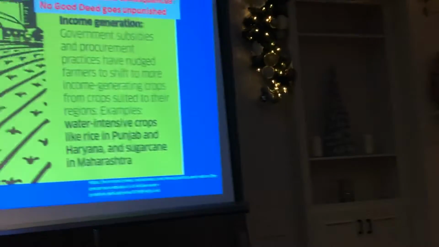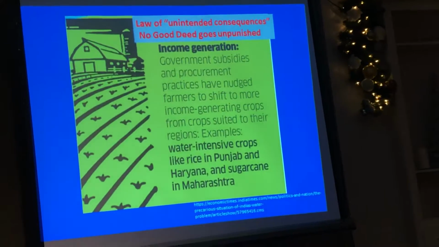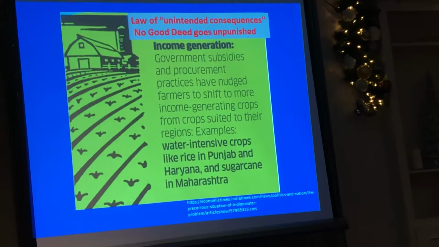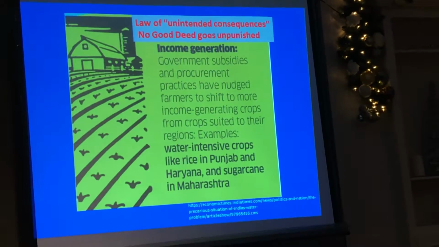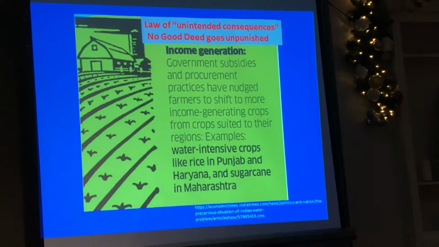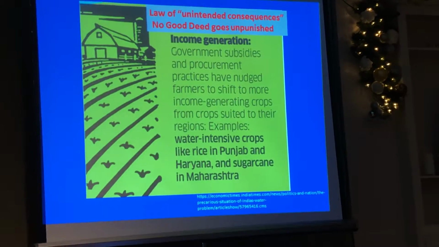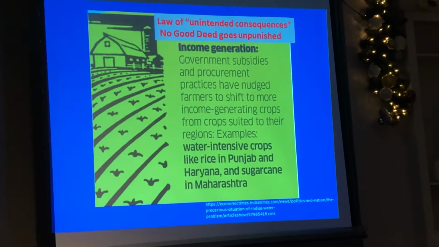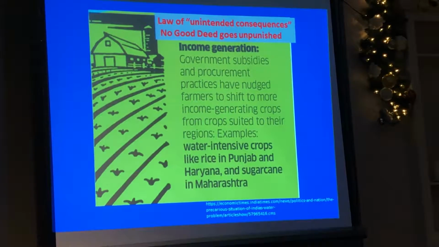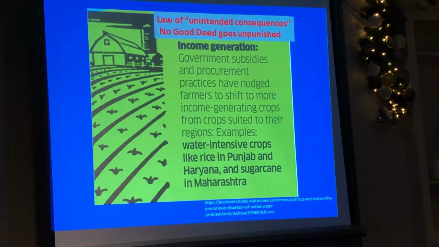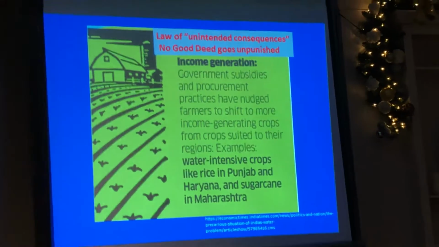So, what is causing all this? Obviously, government has been giving these incentives, and people, even if they are living in the villages, see what kind of incentives will give them the most economic benefit.